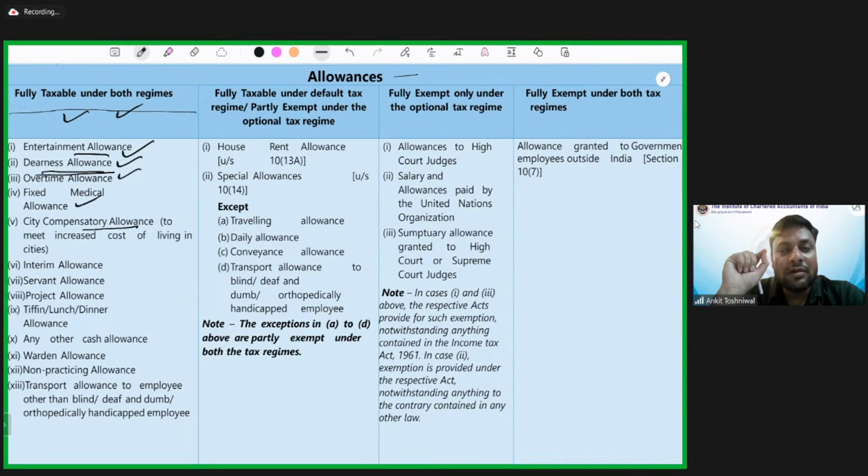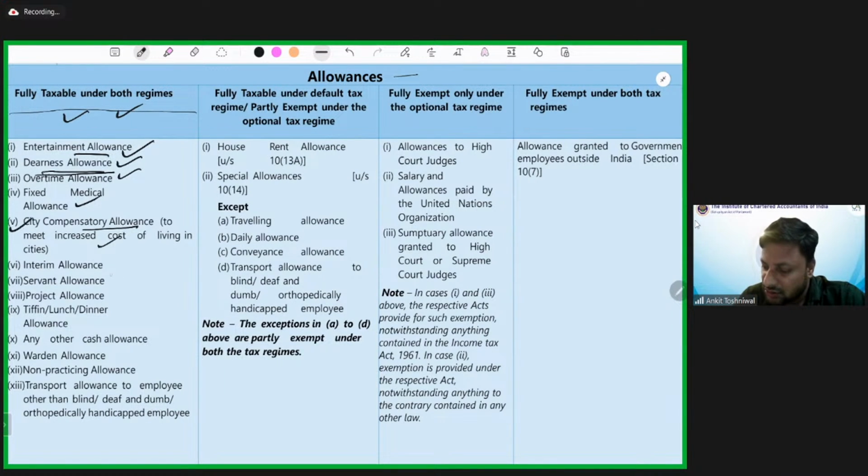But the cost of living in Mumbai is much higher as compared to Rajasthan. So there is a loss to that employee. So in order to meet that increased cost of living, employers sometimes provide allowances known as city compensatory allowance, to compensate him to cope up with the increased standard of living. Okay, that is fully taxable.